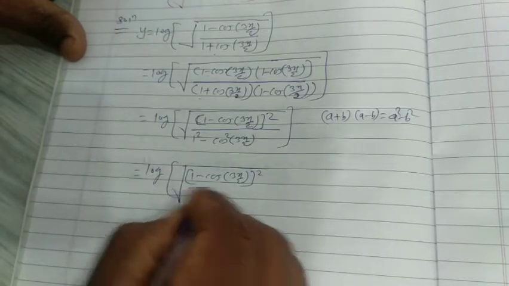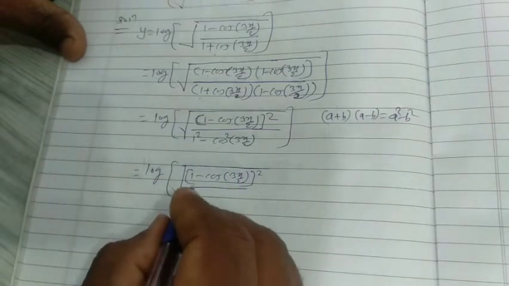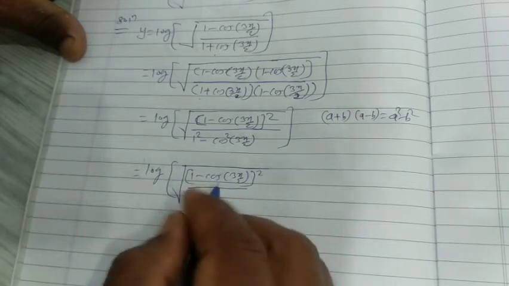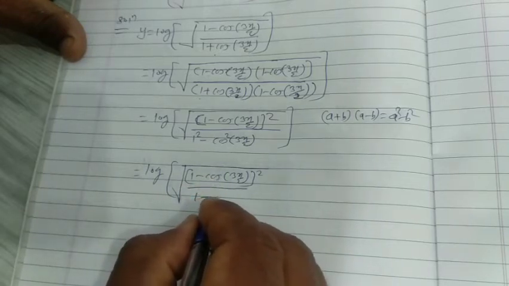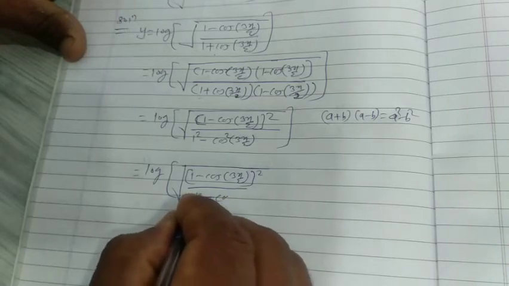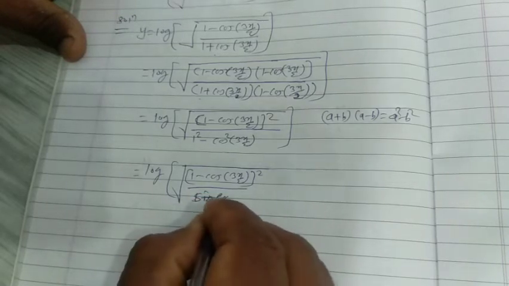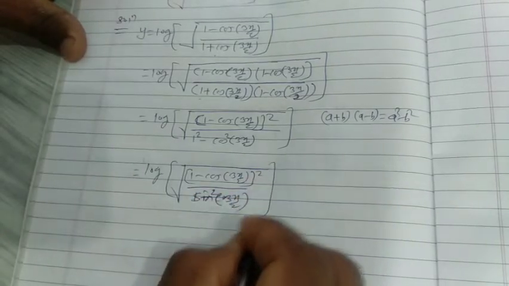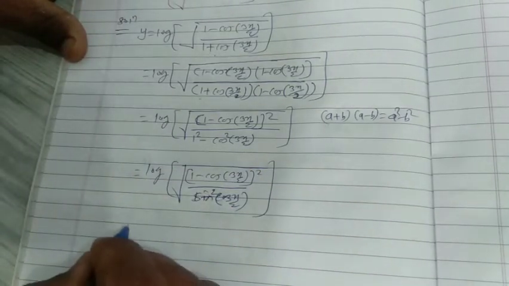At the denominator we write 1 minus cos square, which means sine square of 3x by 2. All are square terms.